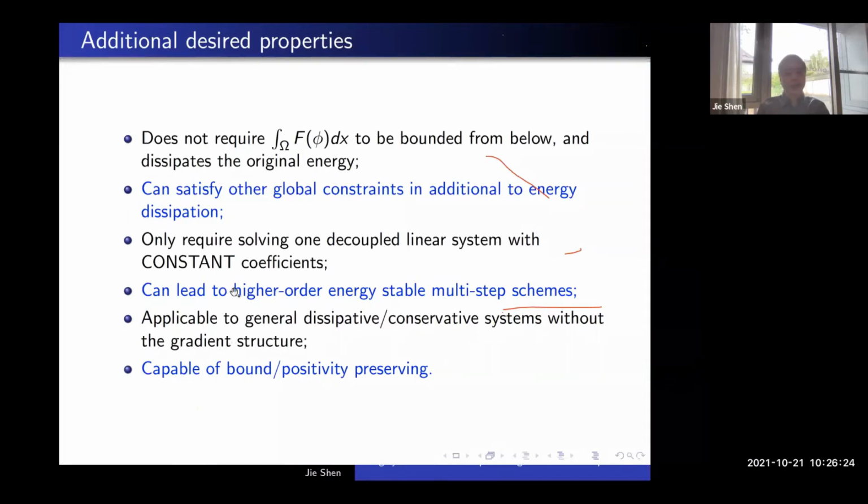And we'd like it to be applicable to general systems without gradient structure, and maybe also positivity and bound preserving. So those are other desired properties. And I will present 2 approaches which can satisfy many of those requirements.